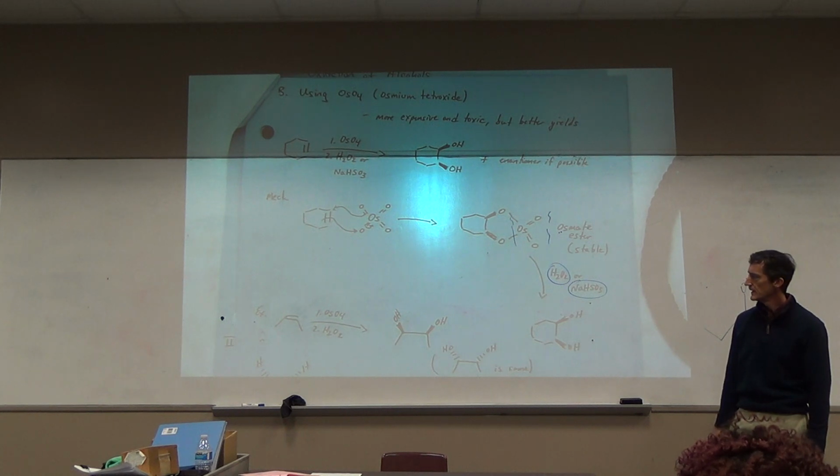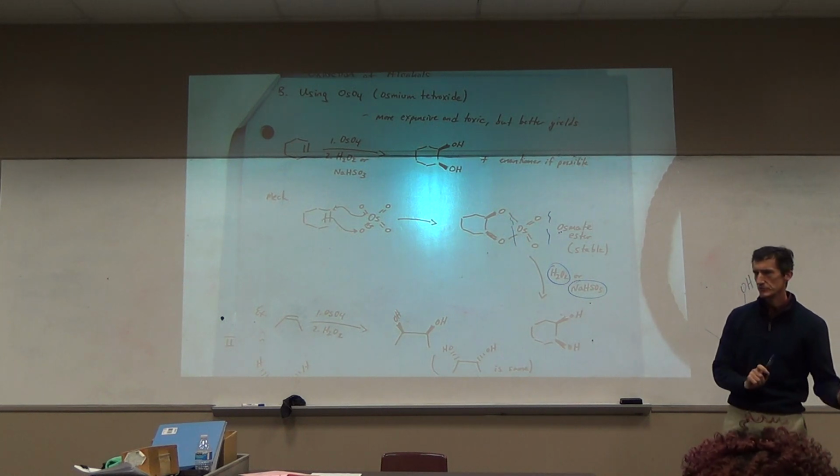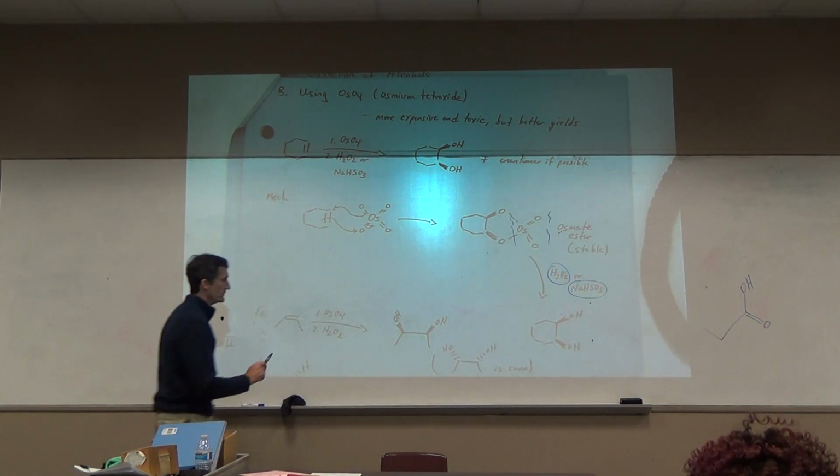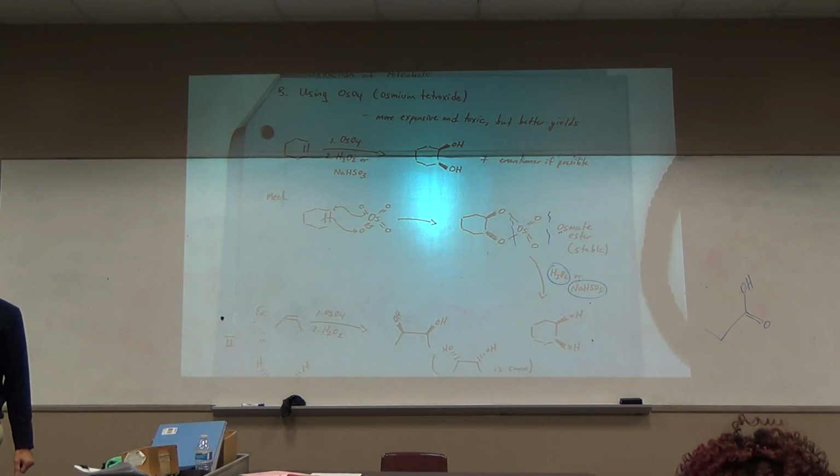Okay. It's an alternative to KMnO4 for converting an alkene to a diol, but you tend to get better yields. The osmium is more selective. Problem is, osmium is quite toxic. Okay? So here's your dilemma. Do I want a better yield, but toxic?